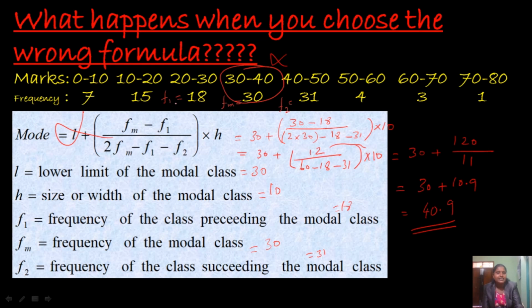If a class interval other than the one with the highest frequency is identified as the modal class interval, you make use of the second formula. Suppose you choose the wrong formula like this, you get a mode value that doesn't lie within the modal class. That represents the formula is not applicable. Then you go for the next formula to calculate the mode.